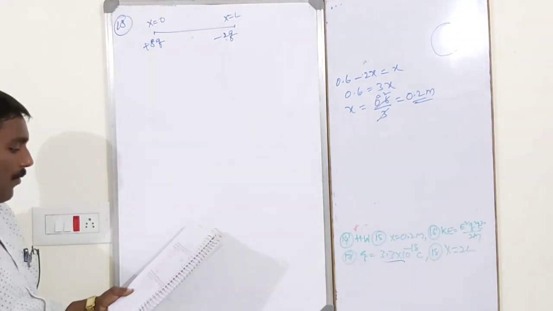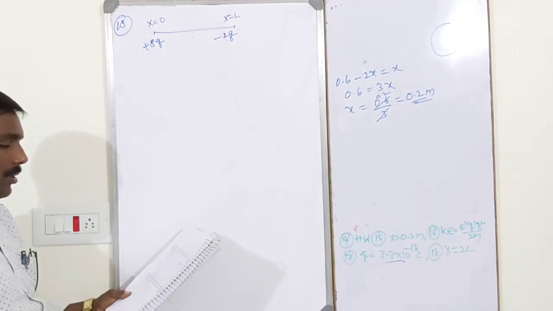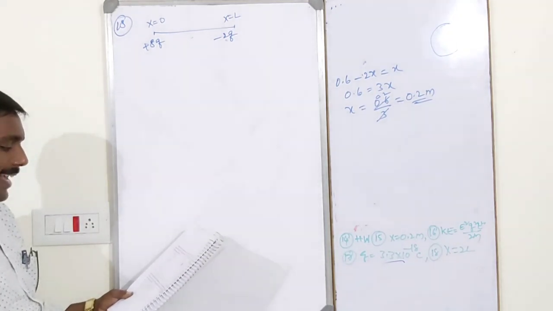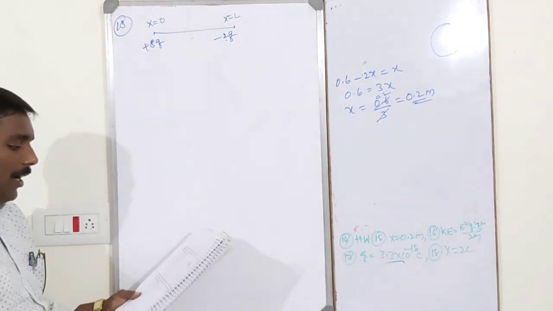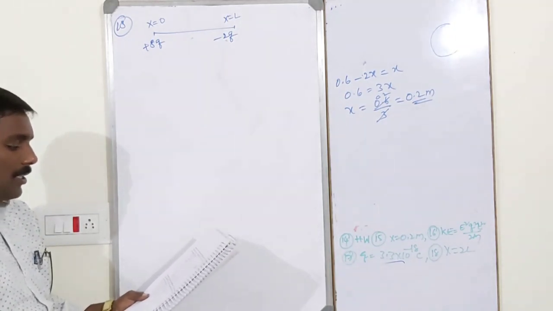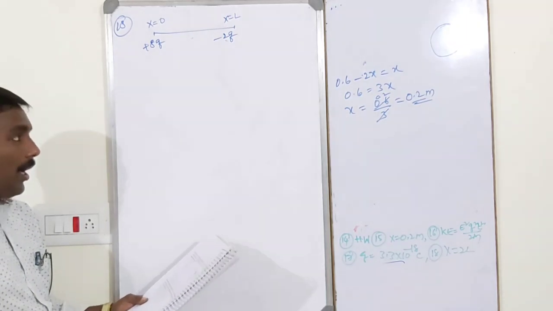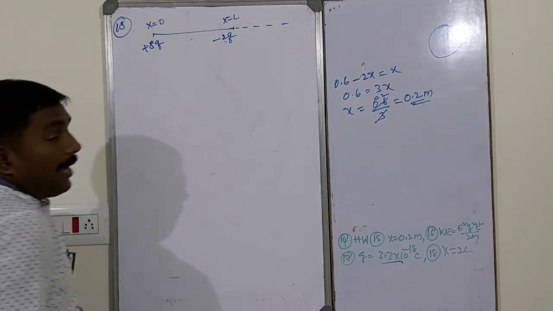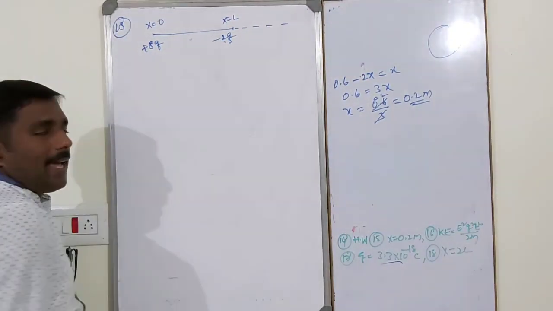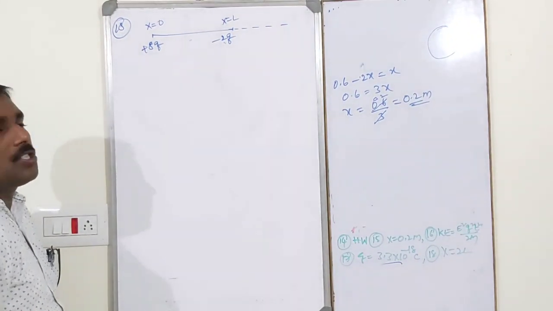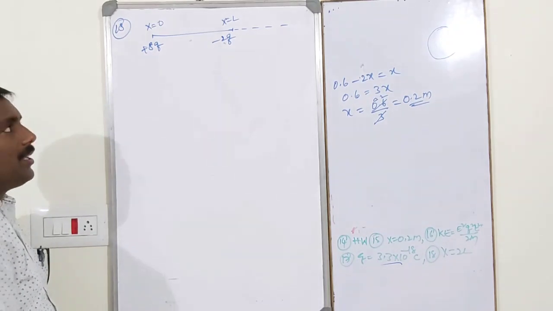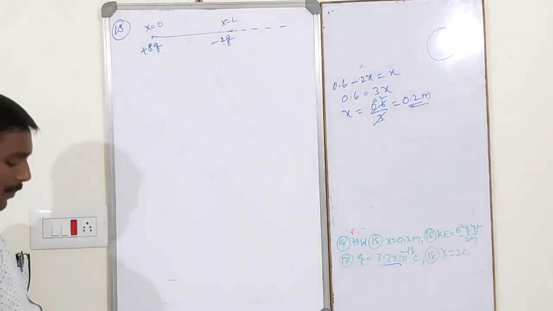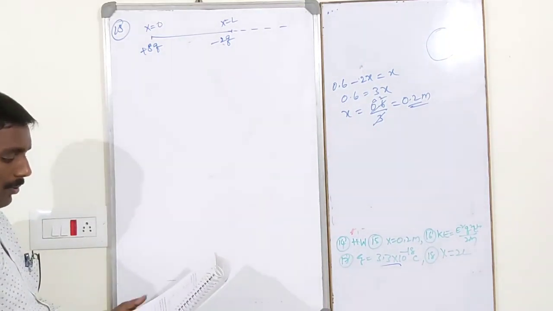Find the location of the point on the x-axis at which the net electric field due to these two point charges is 0. This is an x-axis like this. At what distance on the x-axis will the net electric field be 0?